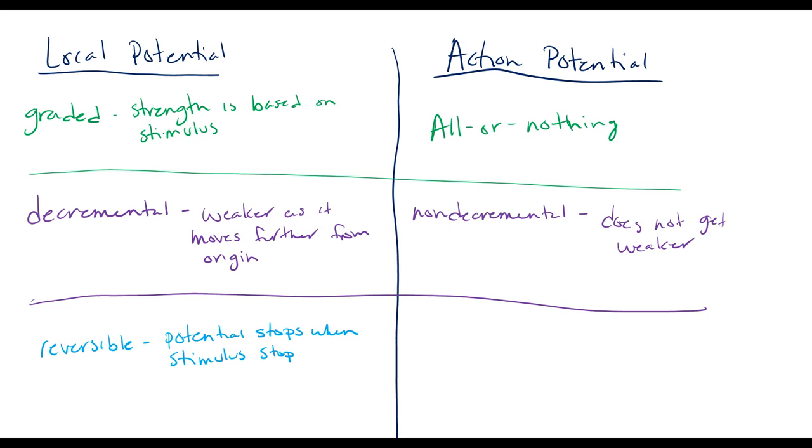And when I say the potential stops, I mean it returns back to the resting negative 70. Action potentials are not. Once they start, they have to finish. That's what that means.